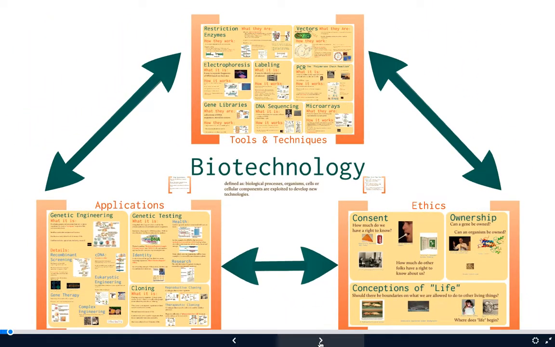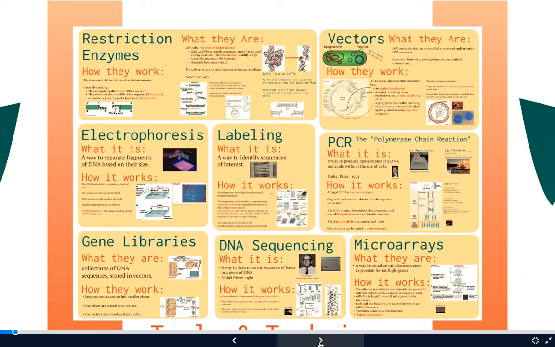Okay, so first up, we're going to look at restriction enzymes and what they are, how they work. We'll look at vectors, what they are and how they work. And then we'll pop into some of the applications of recombinant DNA technology that specifically have to do with restriction enzymes and vectors.